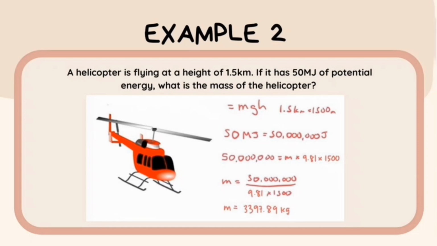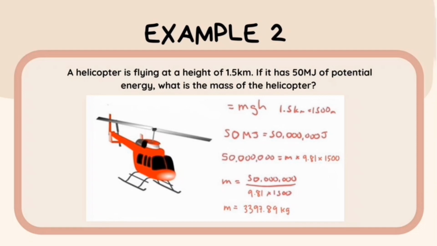But they give us the height in kilometers and potential energy in megajoules, while in the formula the height must be in meters and the potential energy must be in joules. So we need to convert the height from kilometers into meters and megajoules into joules. So 1.5 kilometers equals 1,500 meters and 50 megajoules equals 50 million joules.